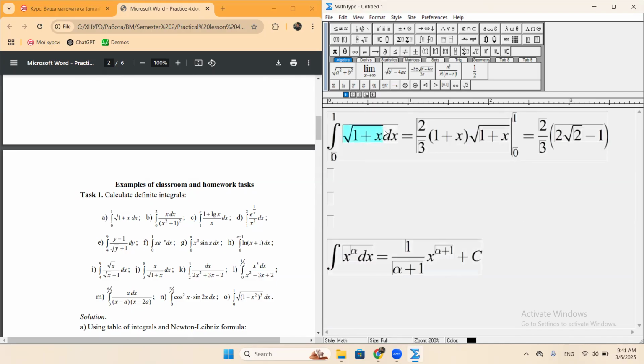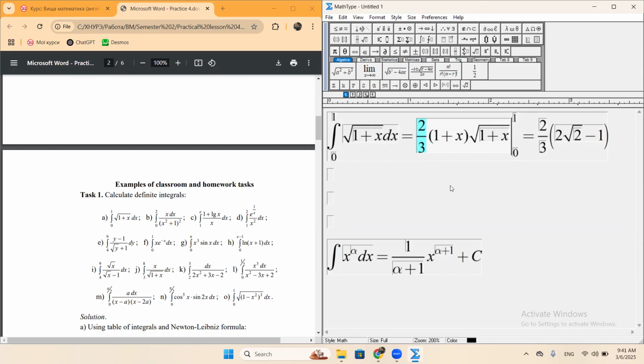Here we have power 1 over 2, and adding 1 we receive power 3 over 2. We divide by this power, and here we receive 2 over 3. Have I answered your question? Yes, thank you.